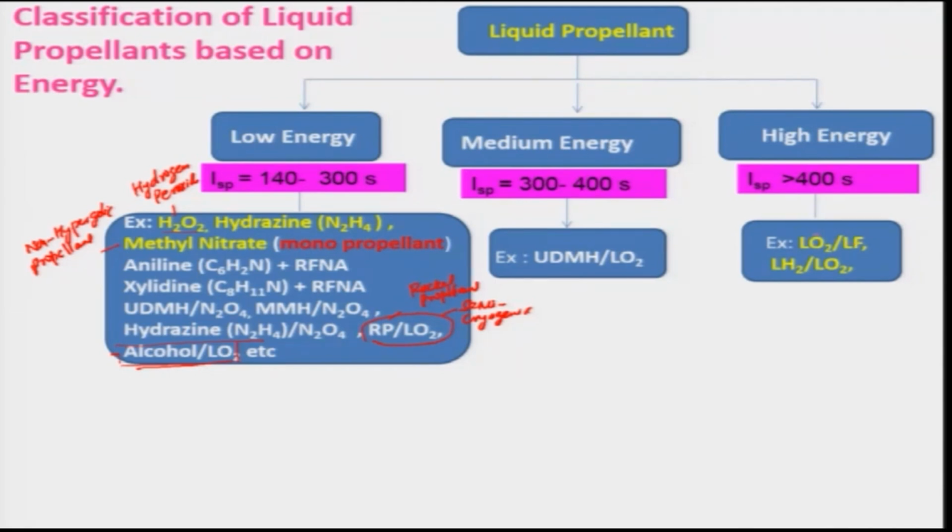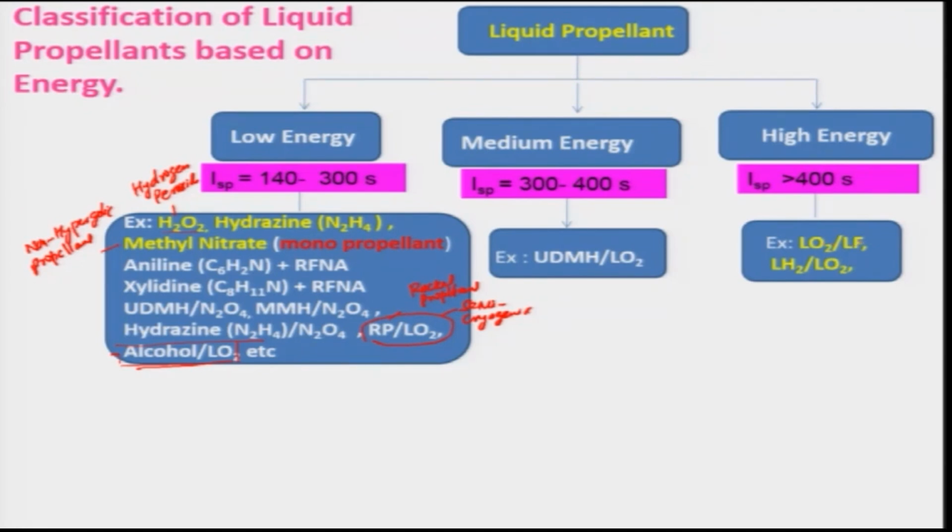Keep in mind that this can give the highest specific impulse, on the order of maybe 465 seconds, but it is not used very much, because it is difficult to handle liquid fluorine. It can be noted that liquid fluorine will act as the oxidizer in this case, where the liquid oxygen will act as the fuel, because the liquid fluorine has higher electronegativity as compared to the liquid oxygen.